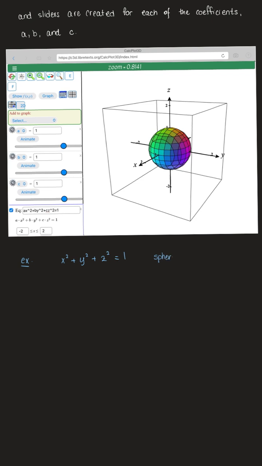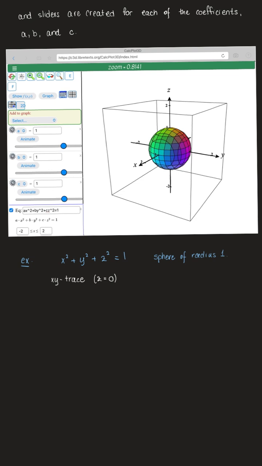We've seen spheres before, but I want to show you how we can use the traces to make sense of this graph. If we consider, for example, the xy trace, that means how does our surface intersect the xy plane? So we set z equal to 0, and with quadric surfaces, the traces are conic sections.